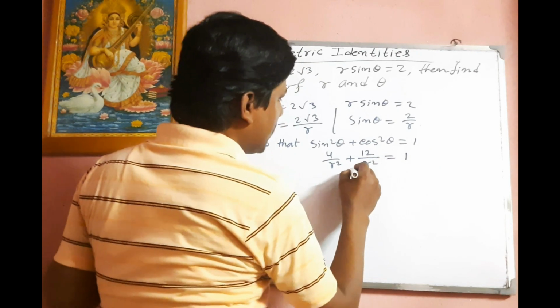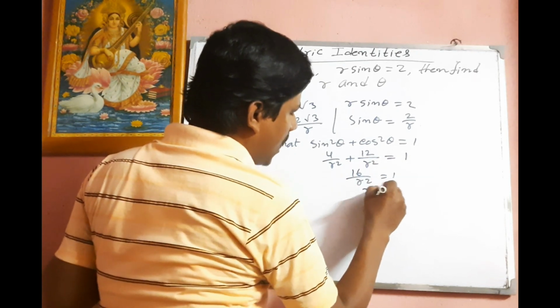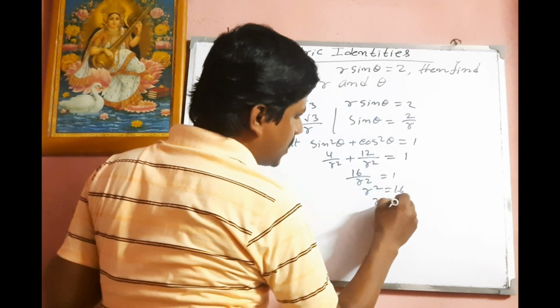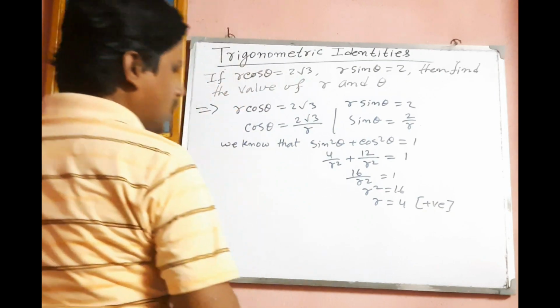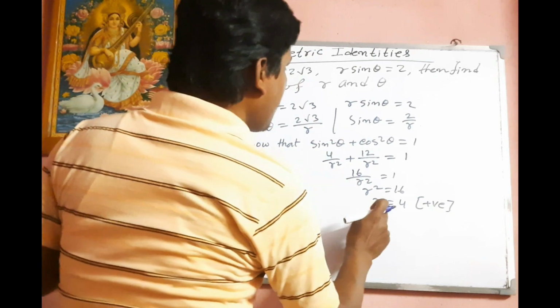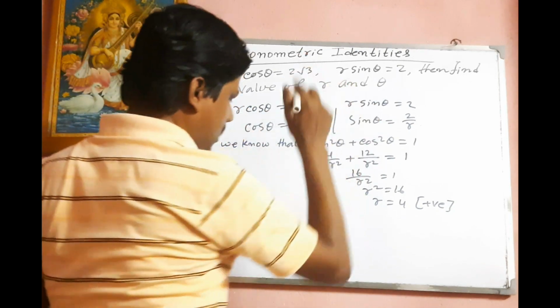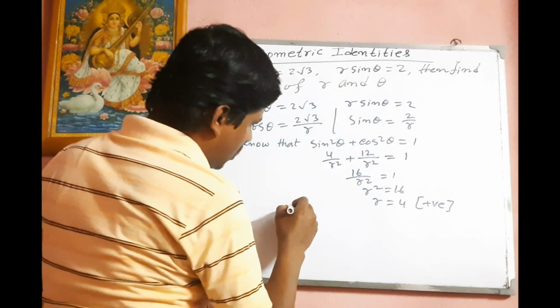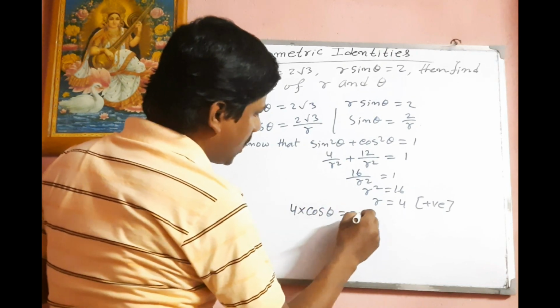is equal to 1. Then 16 by r square is equal to 1. Then r square is equal to 16, r is equal to 4. Positive value is taken. So putting the value of r in this or that, 4 into cos theta is equal to 2√3.